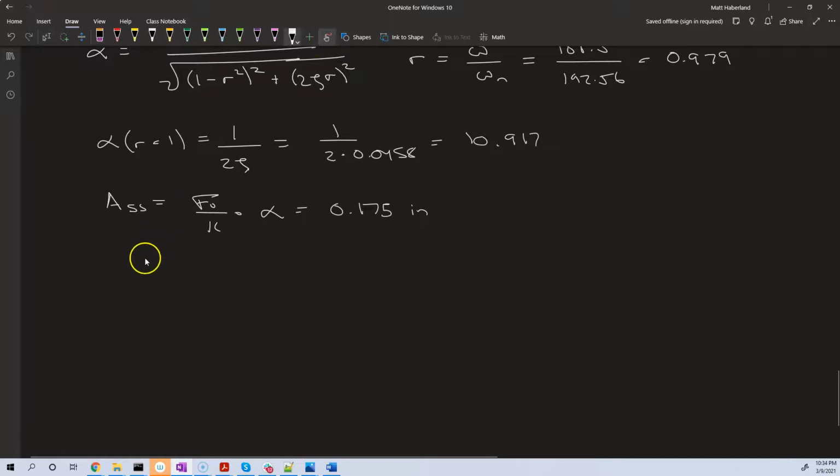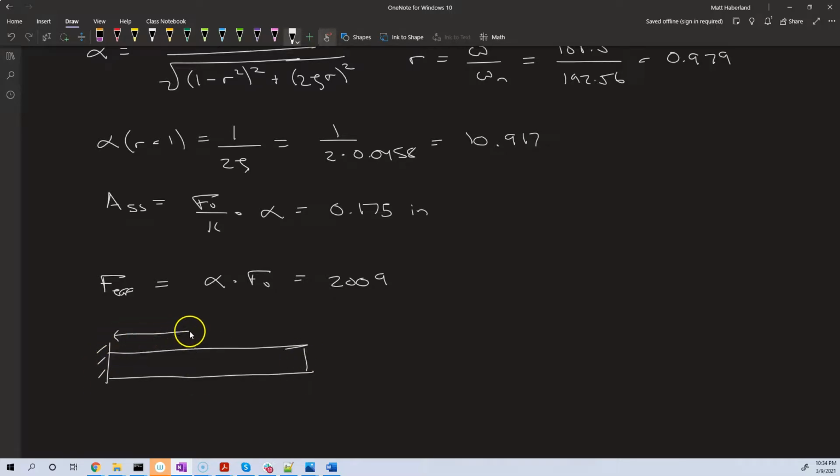Right? So the effective force, I'll say EFF for the effective force, that would be the same equivalent static load, is that amplitude ratio times F naught, 2,000 pounds.